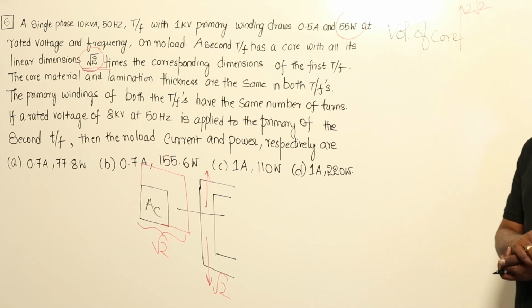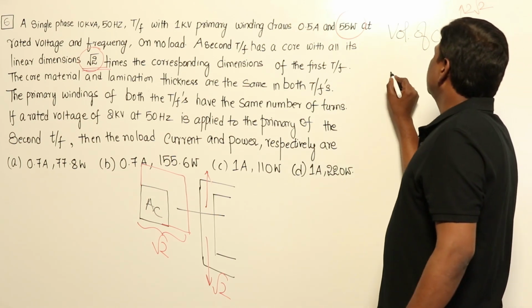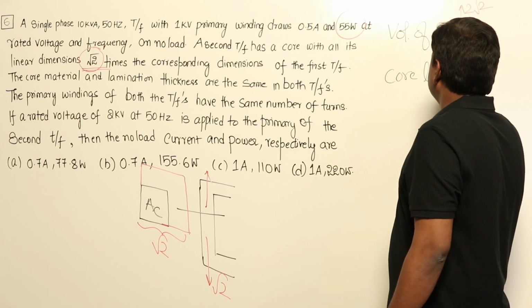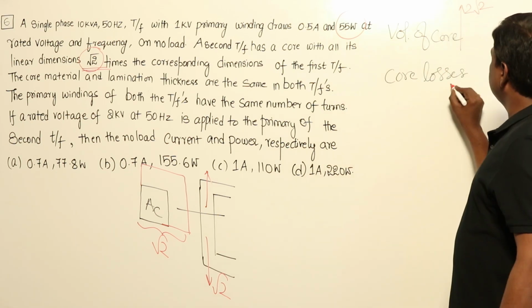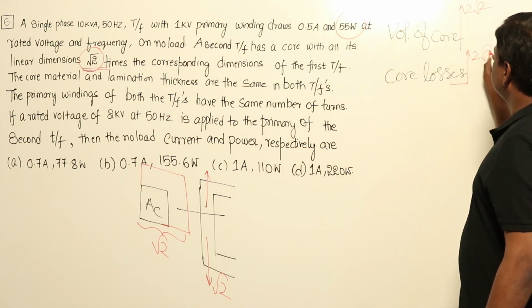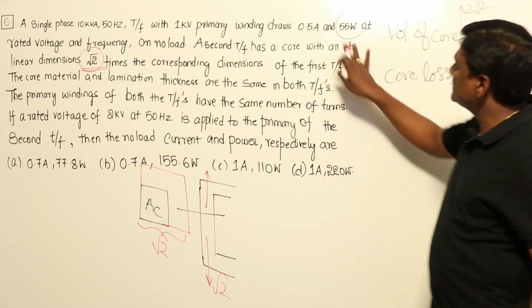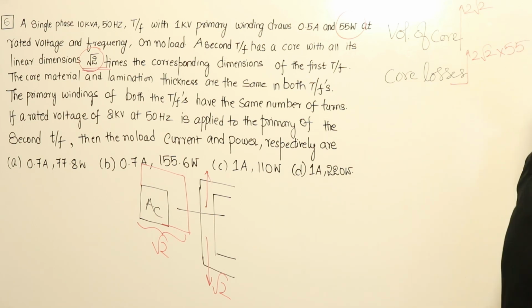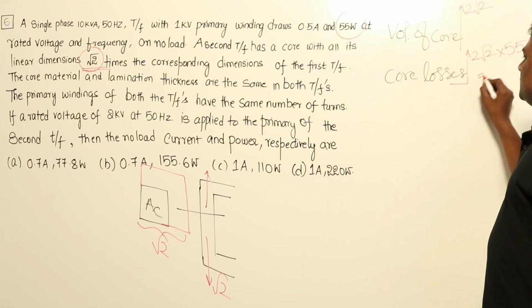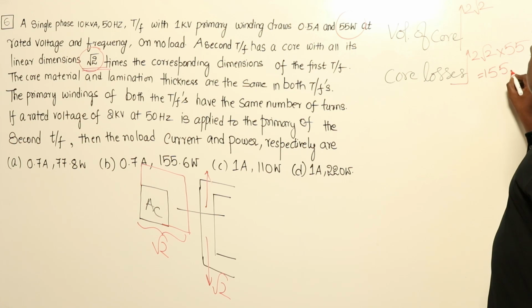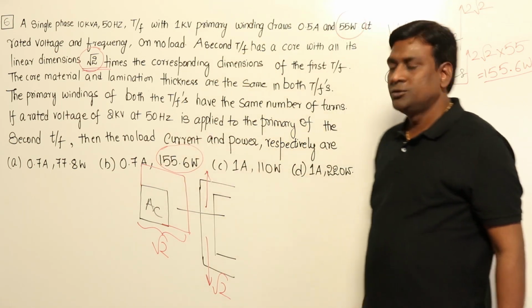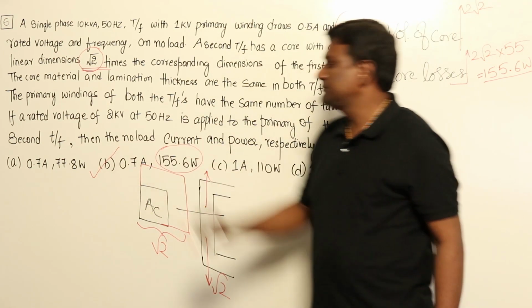It should be increased by 2√2 times. So what should be the answer? In the previous case, it was 55 watts. So 2√2 times 55 is going to be the answer, that is 155.6 watts. Problem solved. 155.6, so the answer should be B.